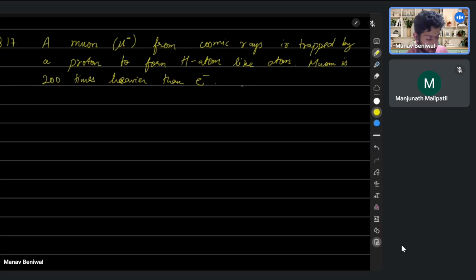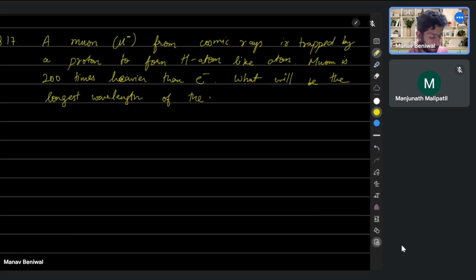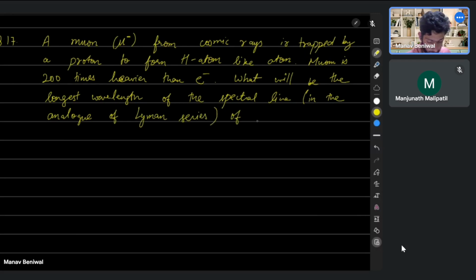Now the question is, what will be the longest wavelength of the spectral line in the analog of the Lyman series of such an atom?